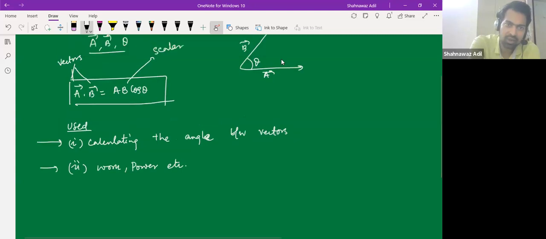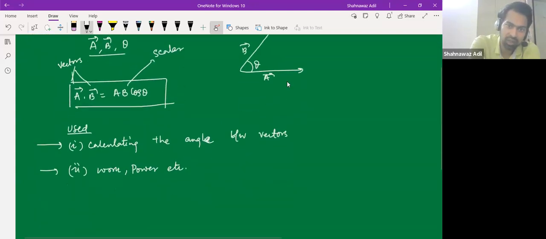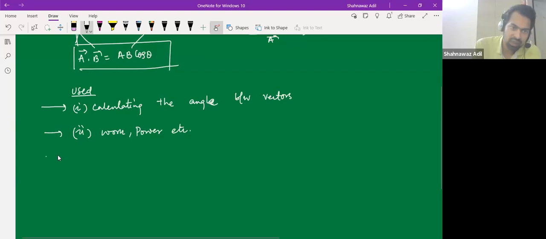So this is the use of the scalar product, and we can also use it to calculate the projection of vectors.